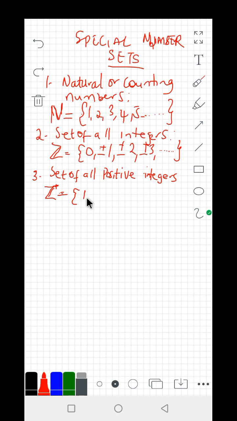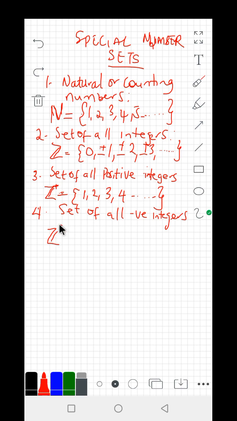So this contains 1, 2, 3, 4, and so on till you can count. And we also have the set of all negative integers. This is denoted as this, and it contains -1, -2, -3, down to all that you can count.